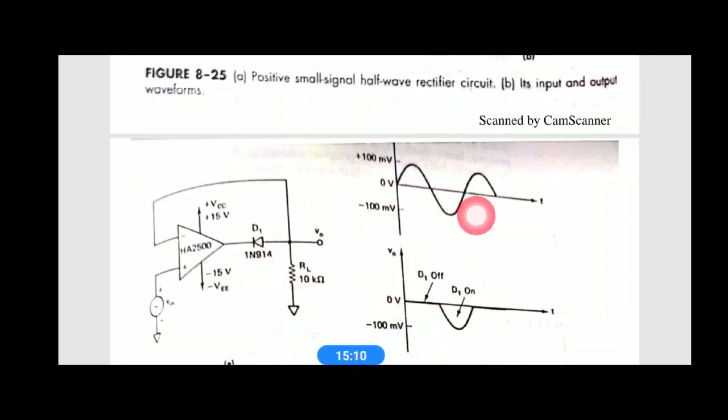For the negative half cycle, right? Since this will be negative, here you will get it at the cathode. Hence the anode voltage which is connected here, suppose you applied minus 1 millivolt, so you will get here minus 10 volt.